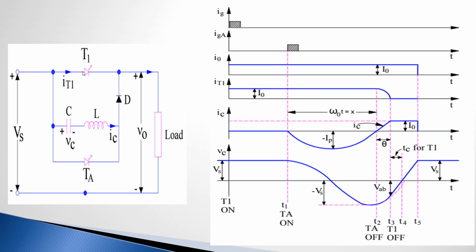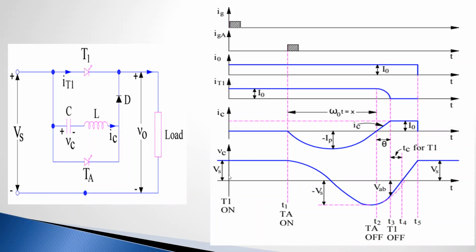Clear? Already at time t equal to 0 the thyristor T1 is in forward bias condition, because the anode is connected to the positive and the cathode is connected to the negative. So the main thyristor T1 is already forward biased. Next, this thyristor will be turned on by giving the gate pulse at time t equal to 0.